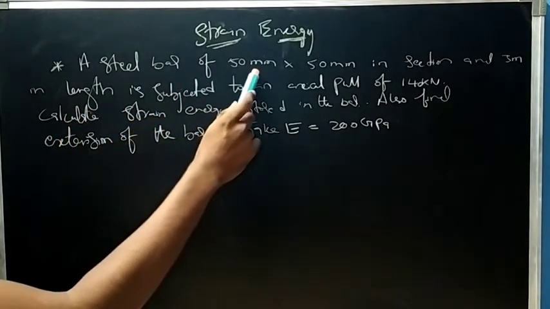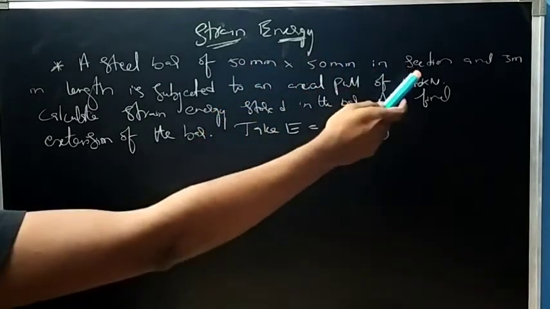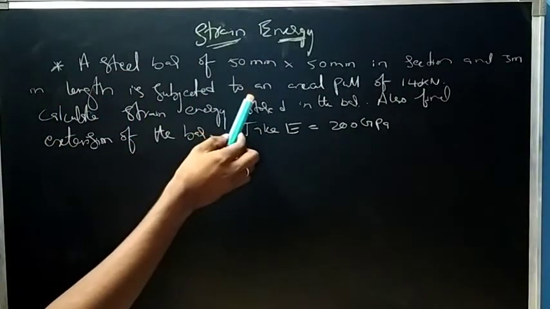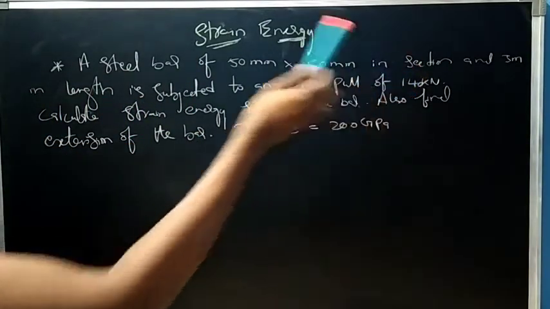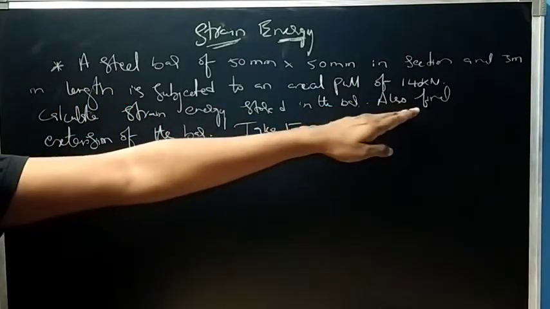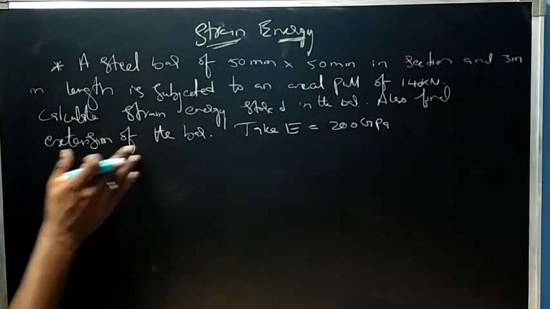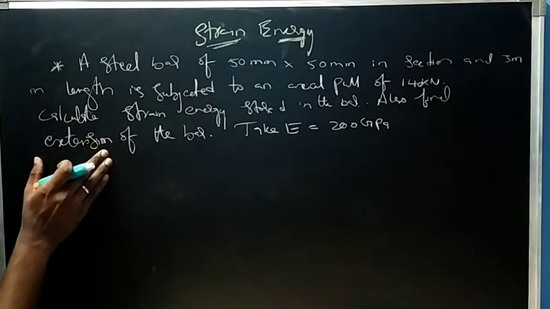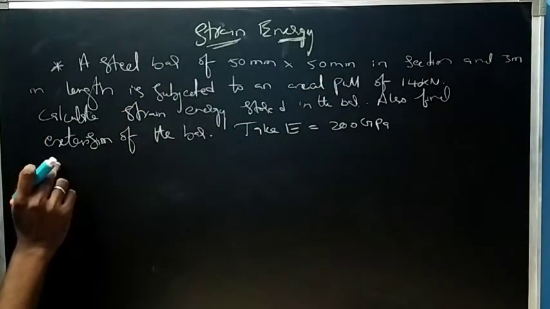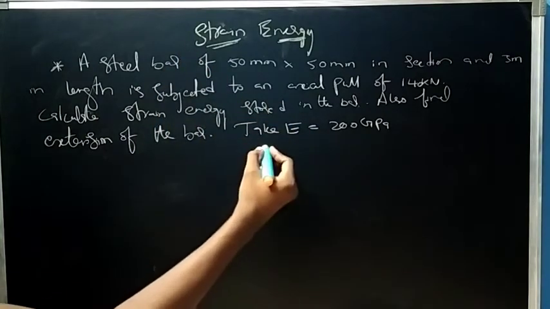A steel bar of 50 mm into 50 mm cross section and 3 meters long is subjected to an axial pull of 140 kilonewton. Calculate the strain energy stored in the bar and also find the extension of the bar, that means the change in length. When axial load is applied, we need to find out how much the bar is extended.